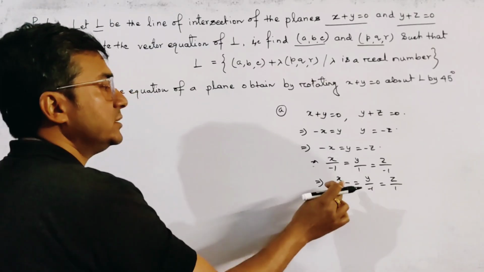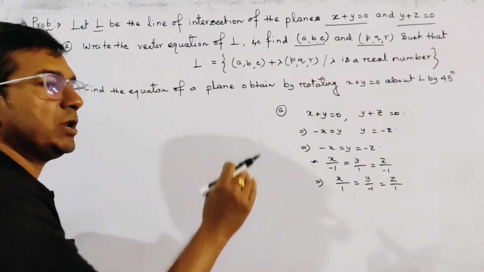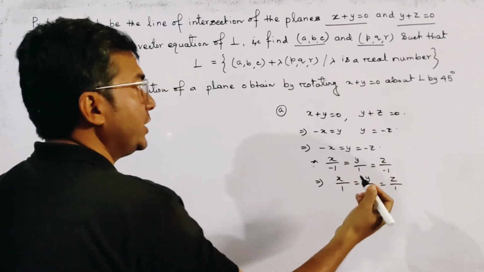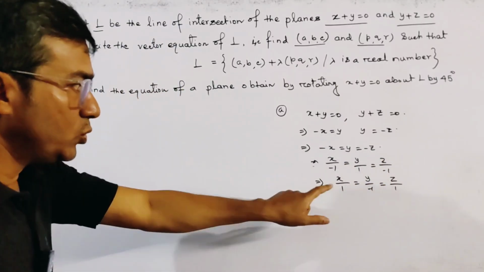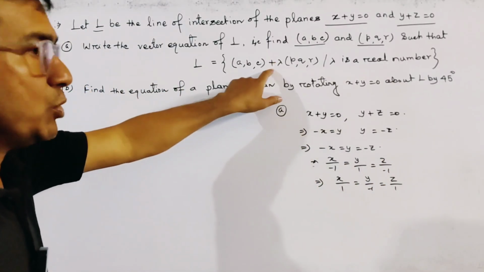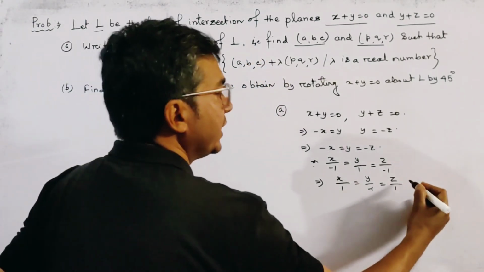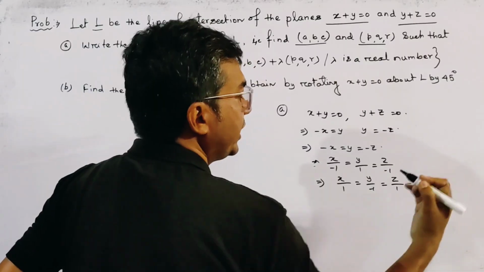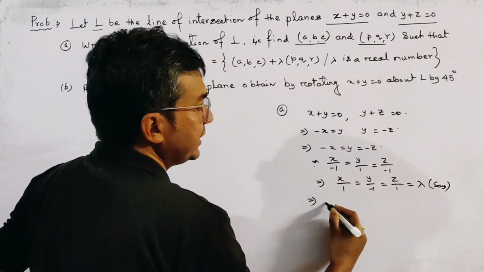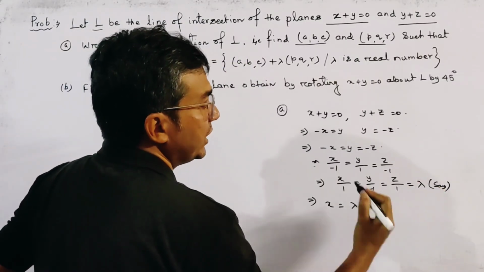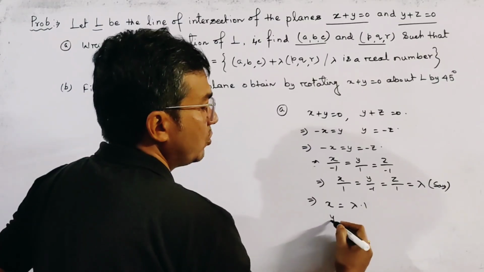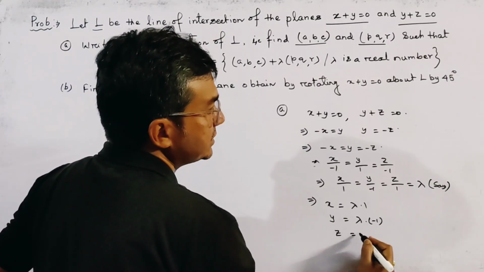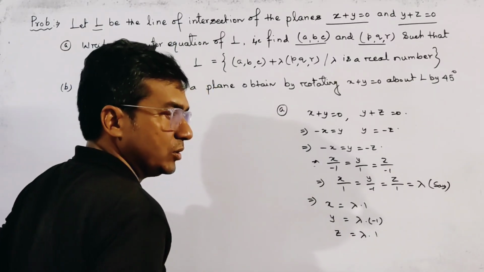We write it in this form because this is the symmetrical form of a straight line. To write the equation of this line, we take a real constant lambda. We get x = lambda times 1, y = lambda times minus 1, and z = lambda times 1.